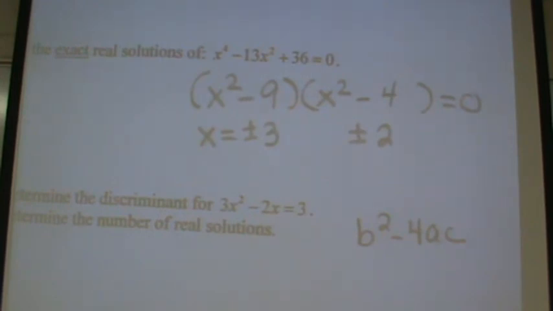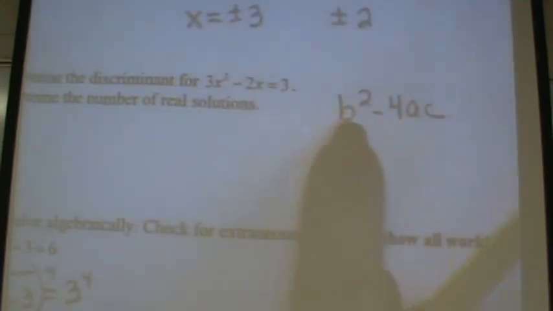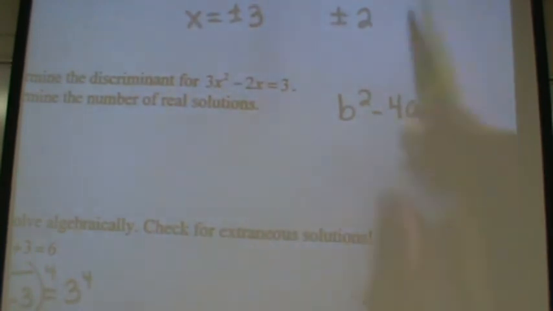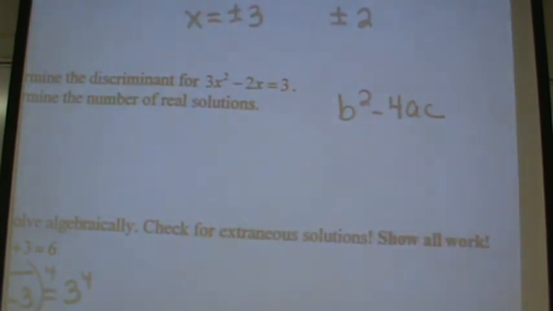Good? The next one, the discriminant, is on your test. What is the discriminant? It's the part of the quadratic formula, the part that's underneath the radical. Not the radical, it's the square root, it's the b squared minus 4ac.